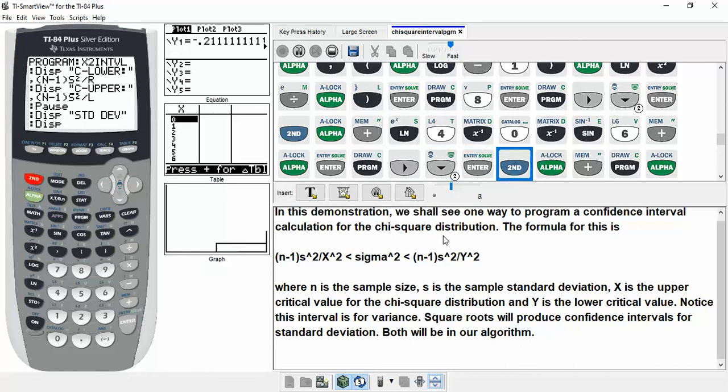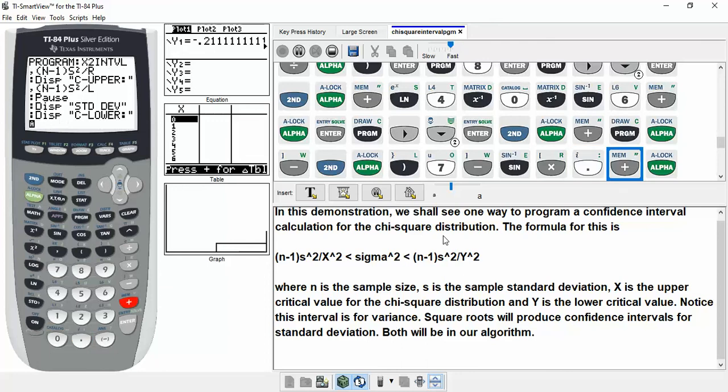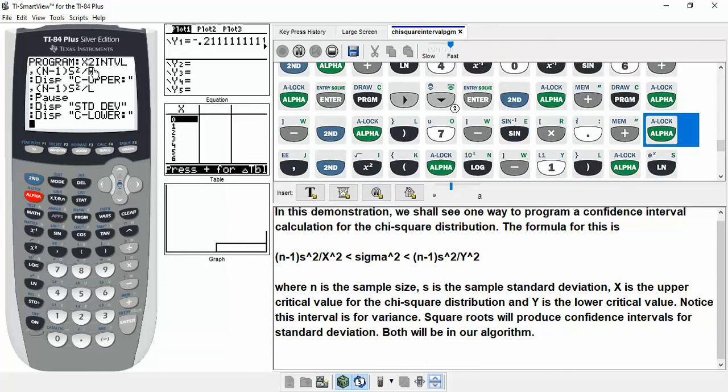So we'll go back to Program, I/O, and then Display. And this time we'll do, again, that C lower. And again, this time we'll do the square root of that result that we typed in at the very top up here.